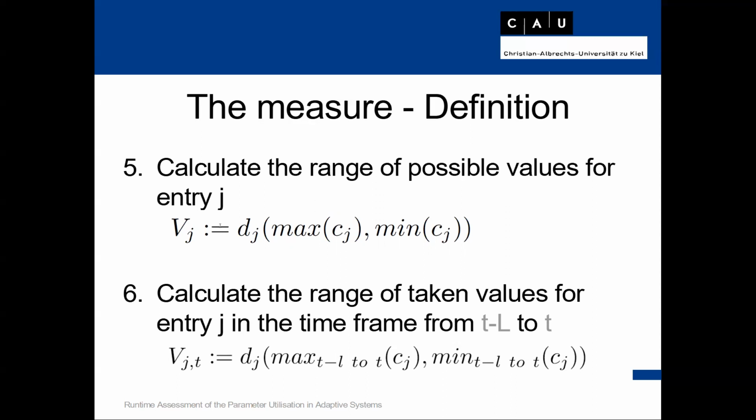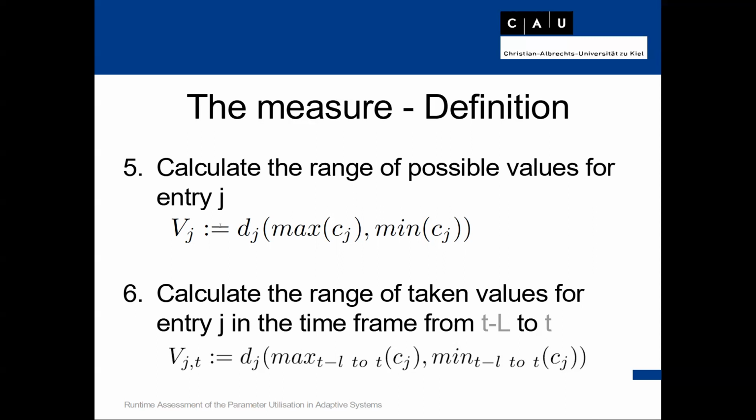After identifying the range of possible values, we look at the current time frame, and in this time frame we take all values that the agents take and calculate a range for these actually taken values: the maximum of all taken values and the minimum of all taken values.